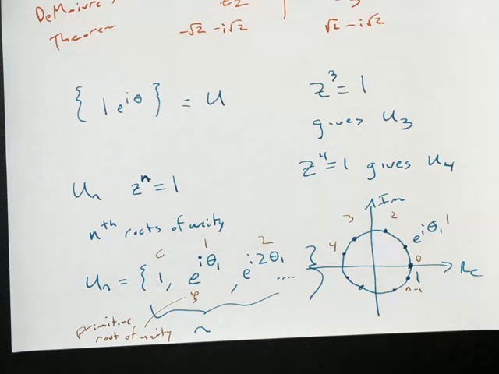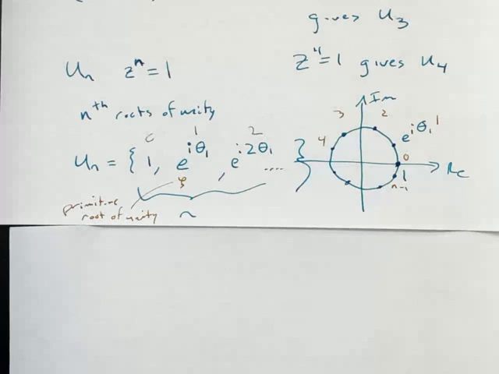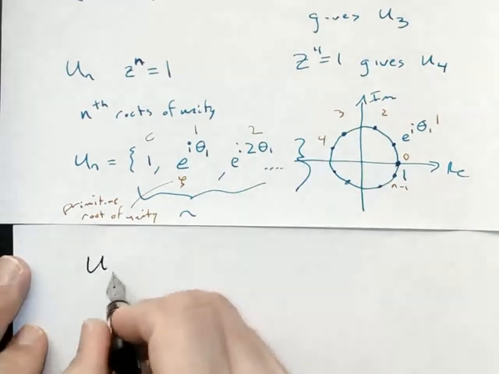There's one exception. The entire circle. That's an infinite collection, isn't it? That's not Zn. Why? U itself is also a group under complex number multiplication.